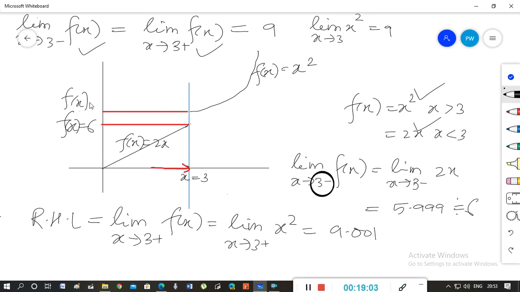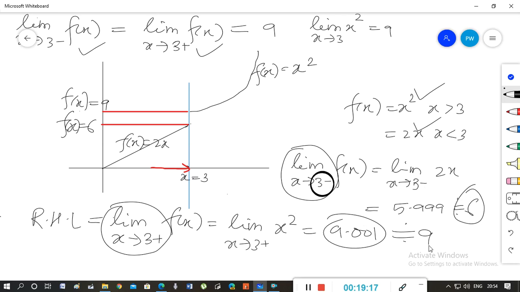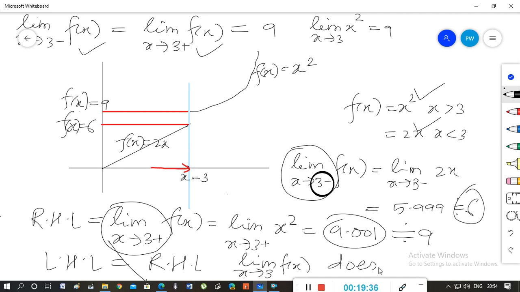But what have you noticed: when x approaches towards 3 from the right hand side and x approaches towards 3 from the left hand side, the function approaches two different values, 6 and 9. So LHL, the left hand limit, is not equal to RHL, and I say that limit of x tends to 3 of f of x does not exist.